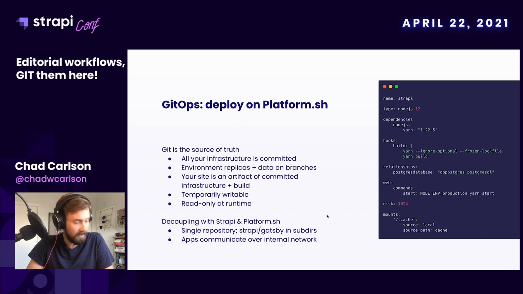That what is in Git, what is inside of your repository, so what's going to be inside your Yarn lock file alongside all these other pieces of configuration is this highly reproducible build image. So we really don't want a whole lot of write access at deploy time, at runtime, because we want to be able to reproduce this site on any new branch that we open. So we have it read only at runtime. And we'll see, as I've outlined a little bit before, that's going to give us a little bit of a hurdle to come over.